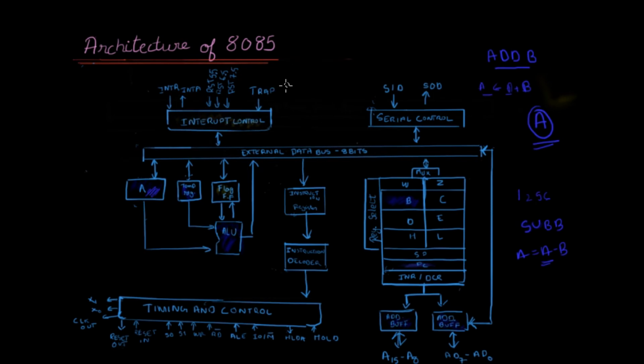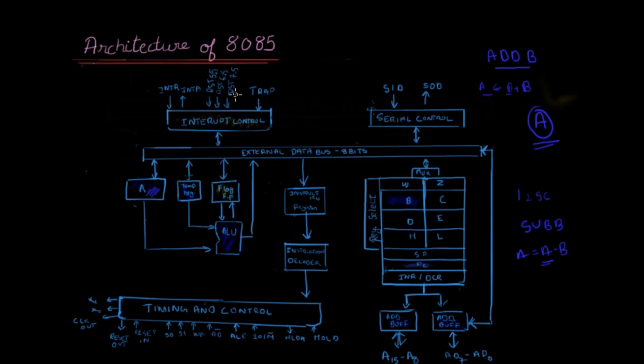It is a request to the program to jump from the normal flow of control to a particular address. This is called an interrupt, from its name itself. So we have interrupt requests RST 5.5, RST 6.5, RST 7.5, and we have TRAP, out of which TRAP is the non-maskable one.